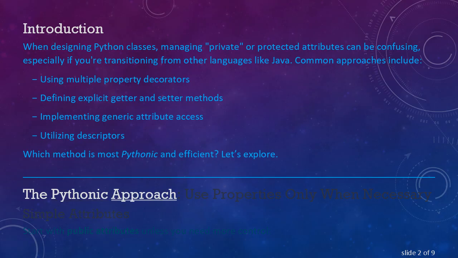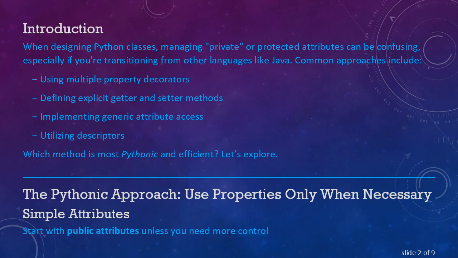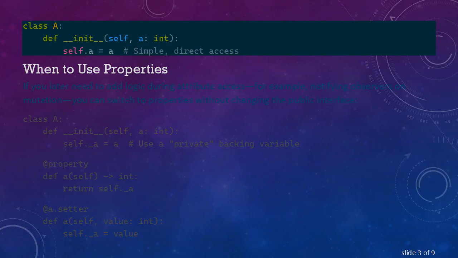The Pythonic approach: use properties only when necessary. Simple attributes. Start with public attributes unless you need more control. When to use properties.